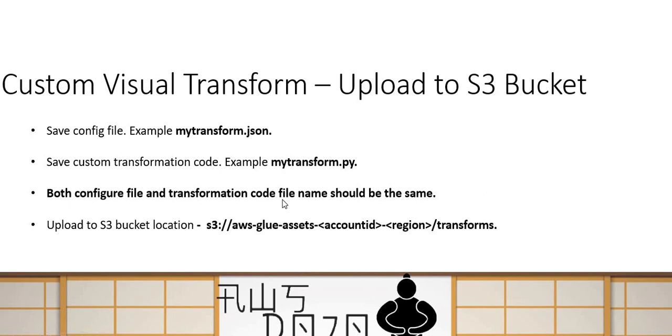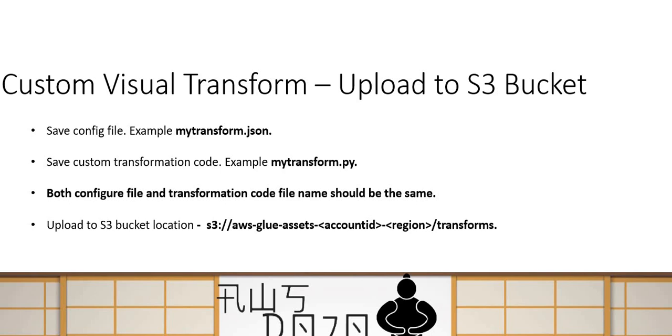And once you have saved these two files, you simply upload them to the AWS Glue Assets account ID region transform folder. Now, if you have used a Glue job in your account in the region, then this bucket will already be created. But if this bucket is not created, you can create it on your own.